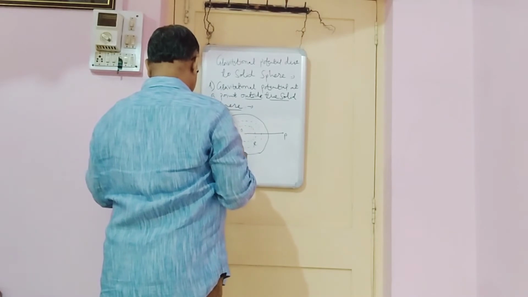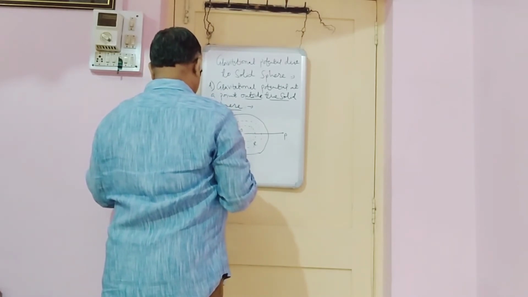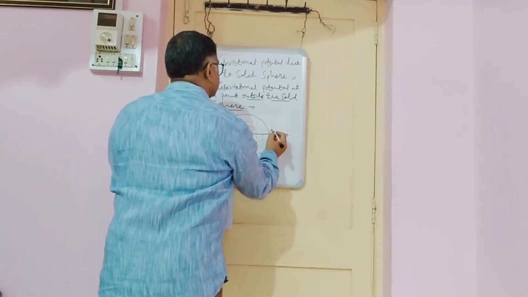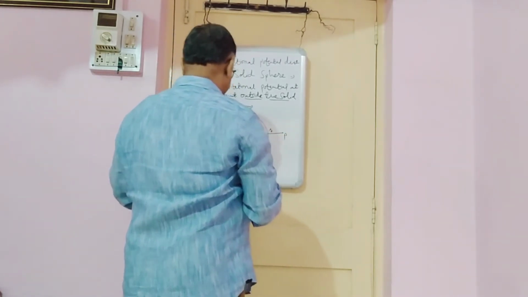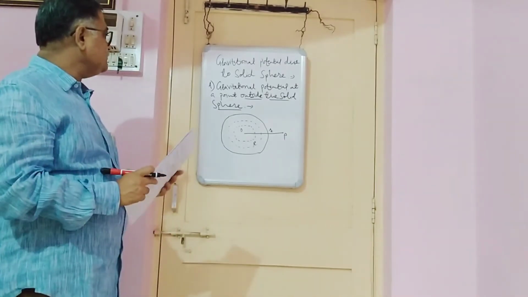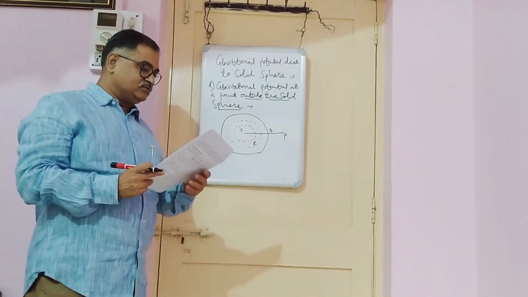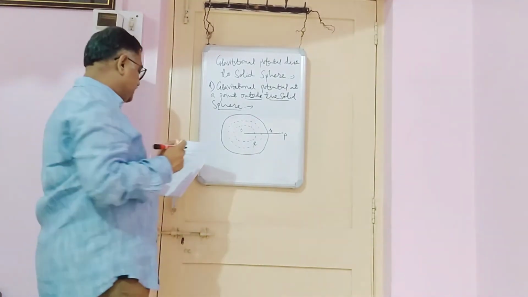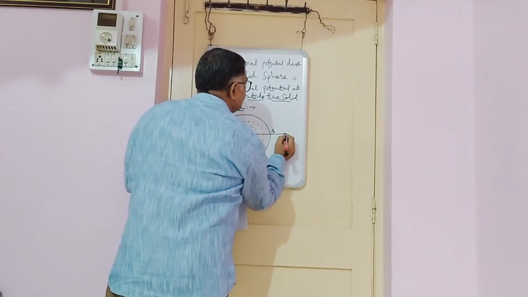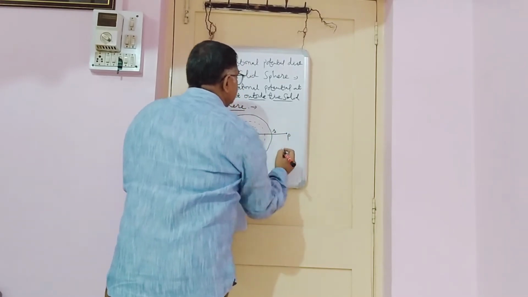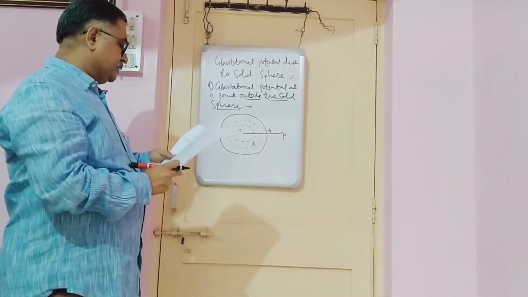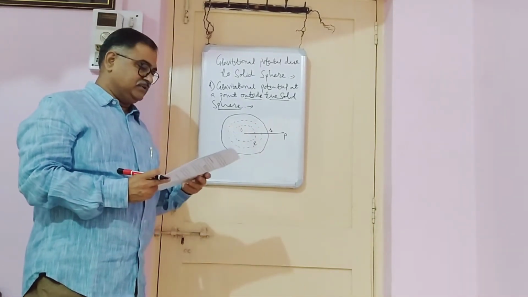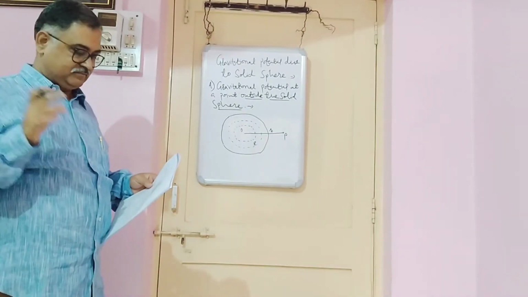M is the mass, and another distance is noted by R. Now in this diagram we are able to see P, a point which is situated at a distance R from the center of the solid sphere.